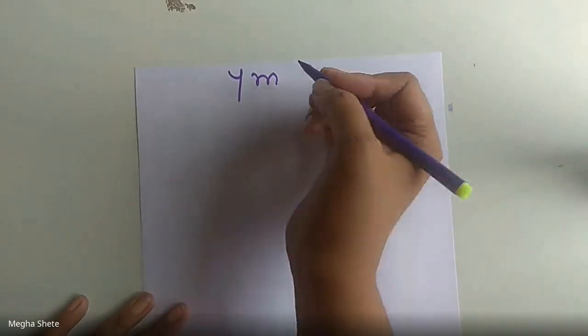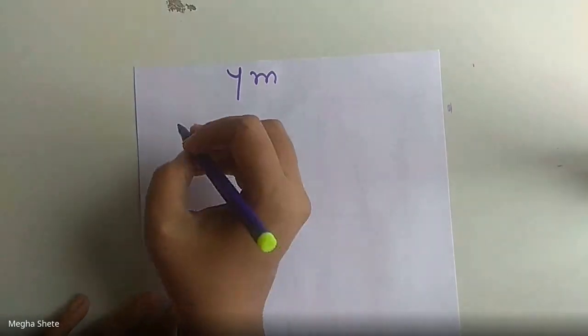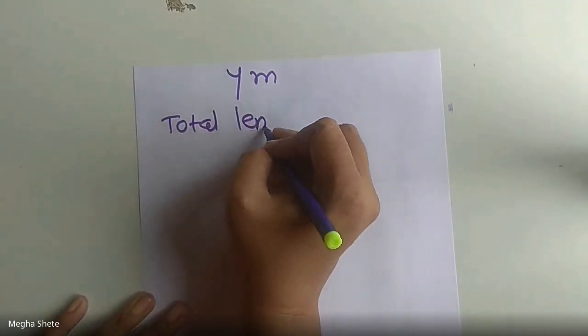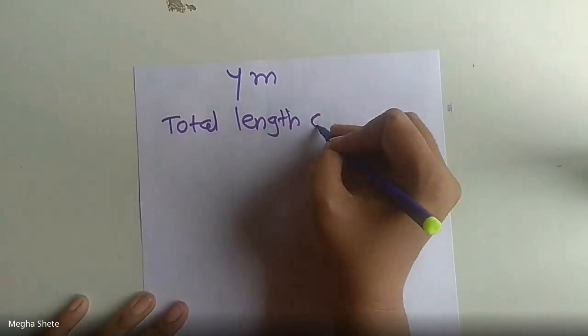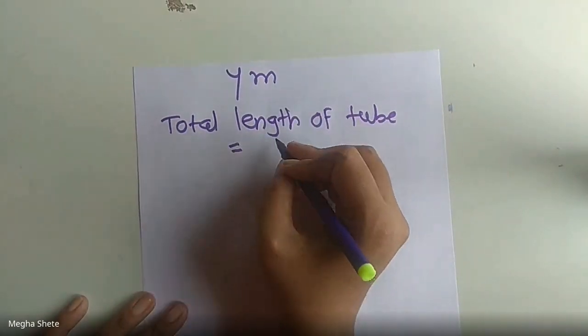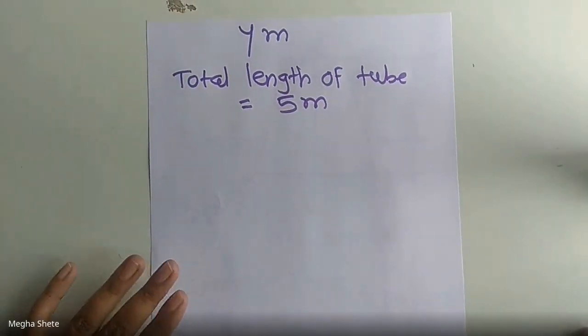Let the length of the tube immersed in the water be y meter. Total length of tube is equal to 5 meter.